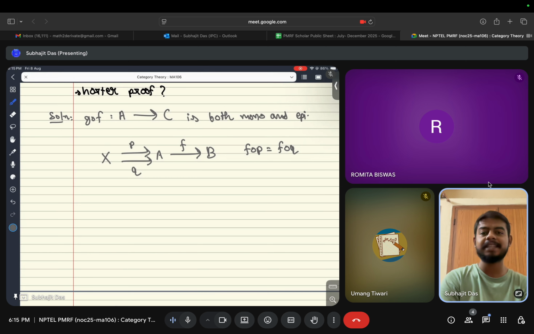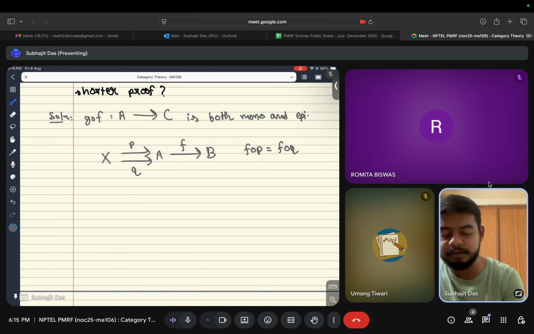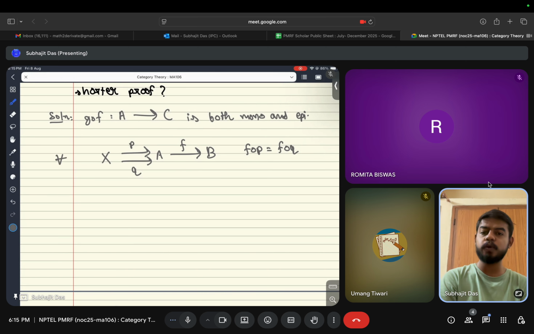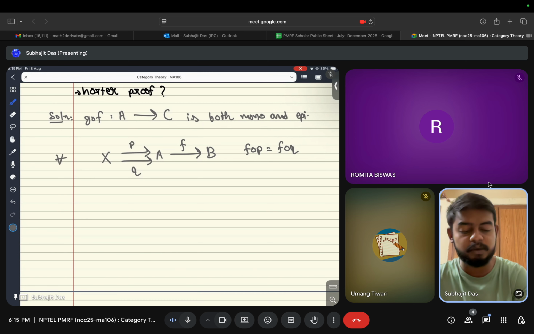So the starting data should look like this. What I need to show is that for all objects X and for all arrows P and Q, F composed P equal to F composed Q should imply that P is equal to Q.